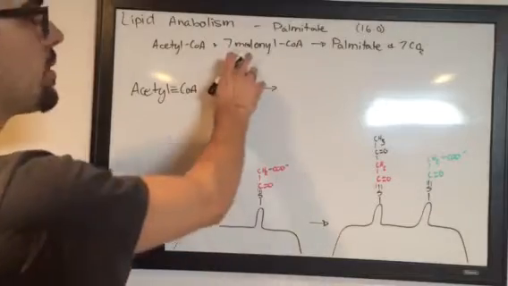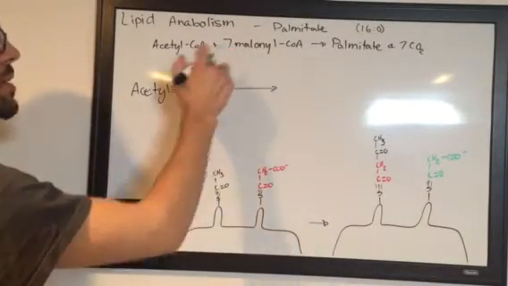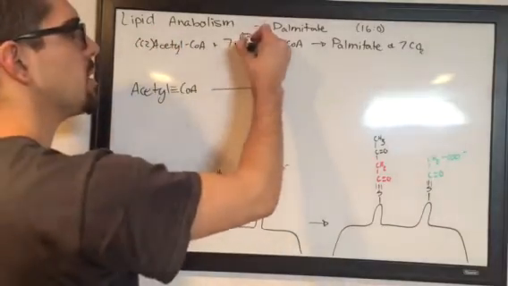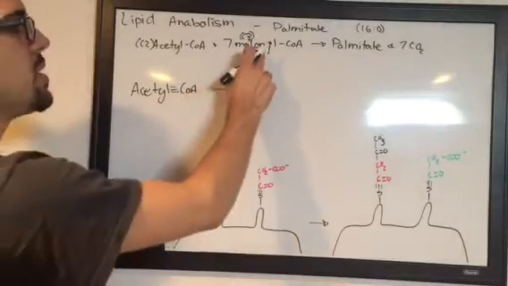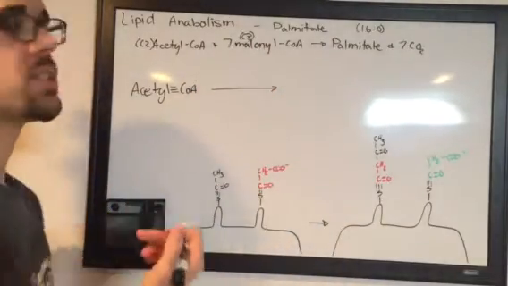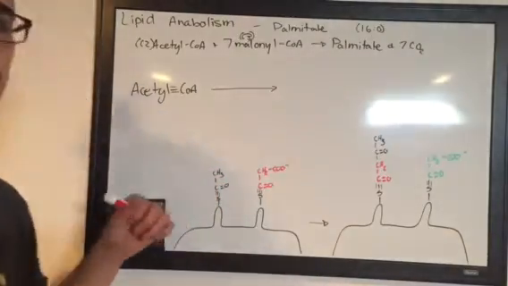Alright? Each of these malonyl-CoA are going to lose one of their carbons. Acetyl-CoA is a C2 compound, malonyl-CoA is a C3 compound. So each of these malonyl-CoAs are going to lose one carbon dioxide off of them as they're transferred onto the growing fatty acid chain. Alright?